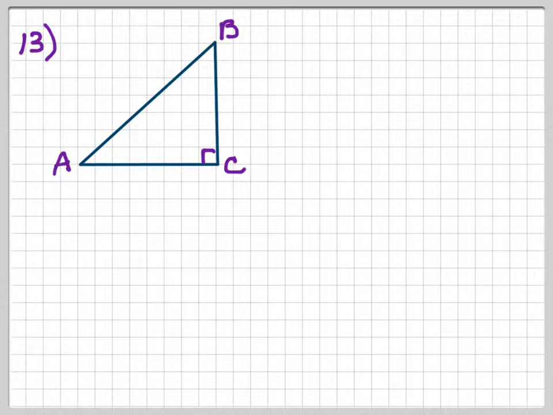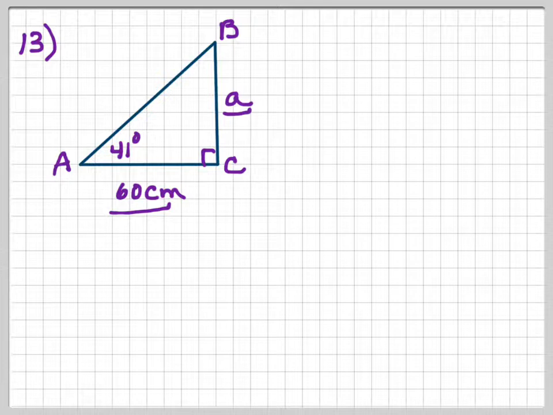All right, the next question is number 13, and we're given a triangle where angle A is 41 degrees, little side B is 60 centimeters, and little side A is what we're looking for. So if we have this and this, that means we have something to do with the tangent.